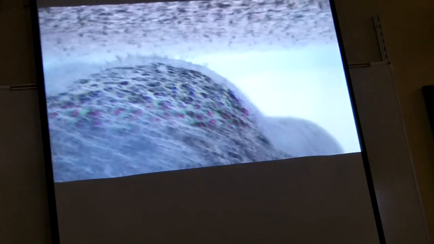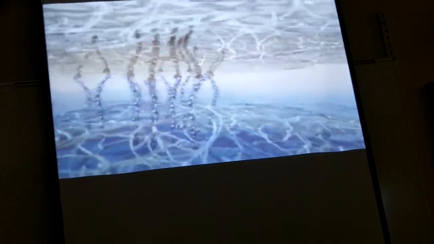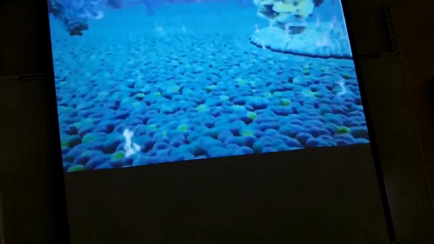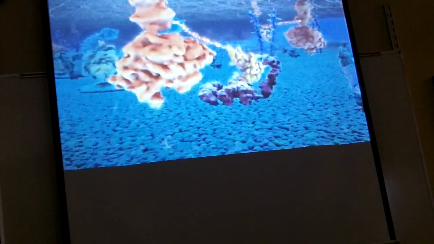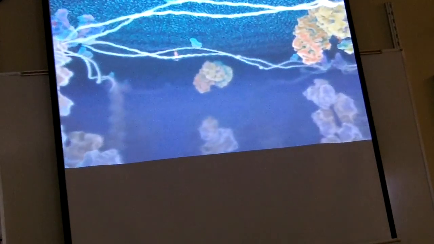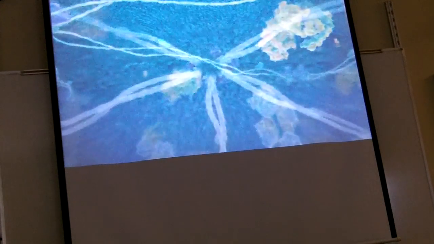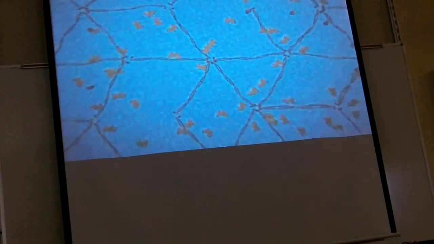Those are little white blood cells crawling around the bloodstream. It's the cell membrane on the top. That's the network.